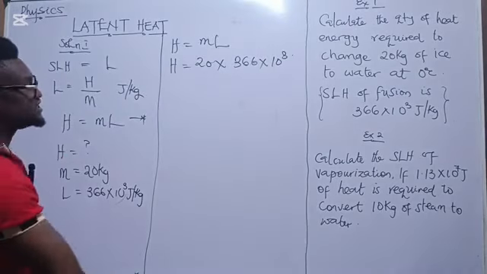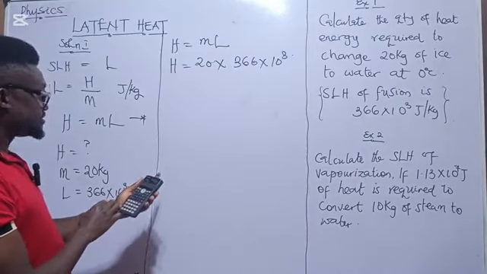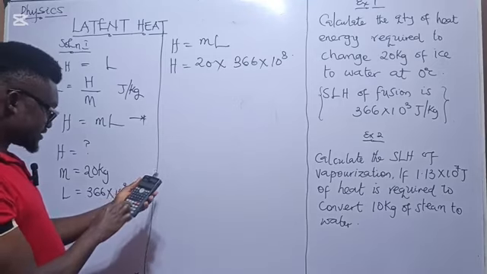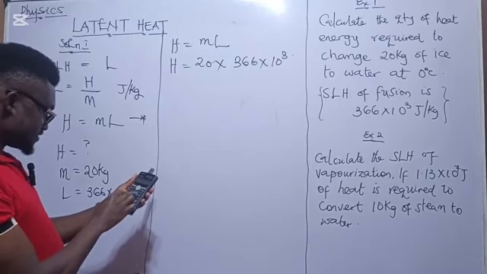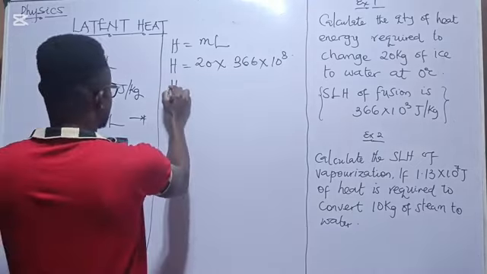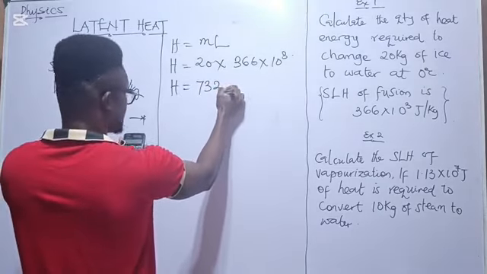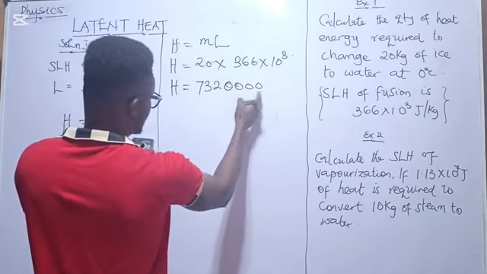If you simplify this, we have 20 times 366 × 10^3, then H equals 732,000.